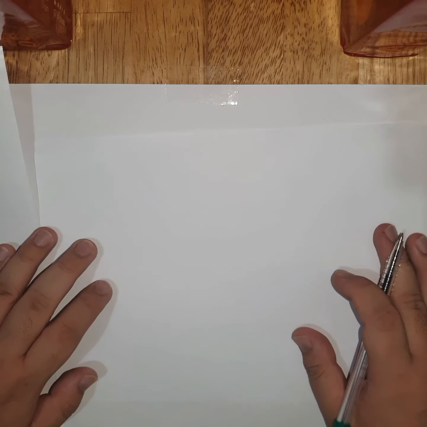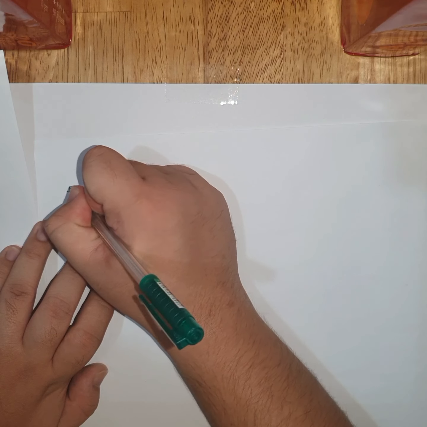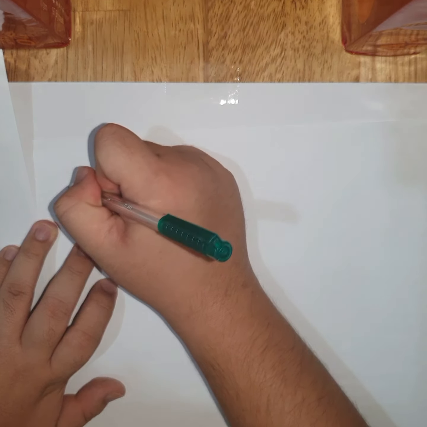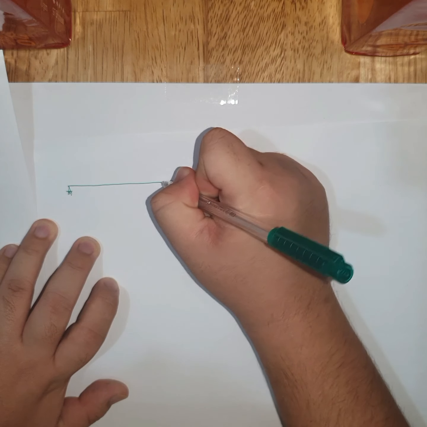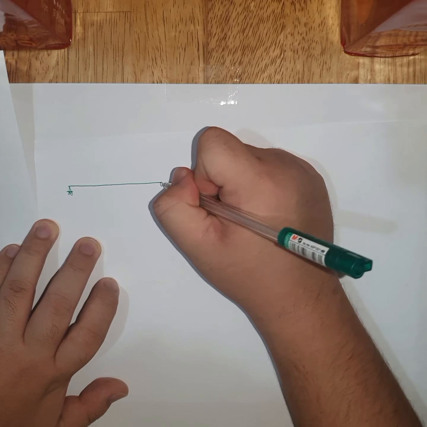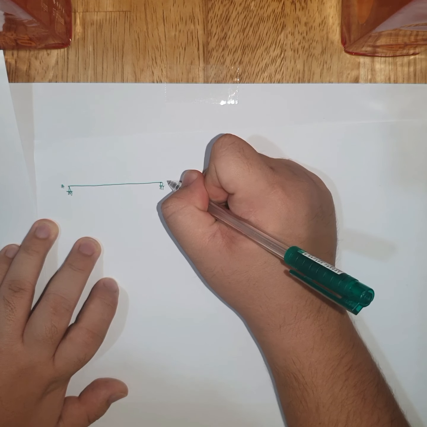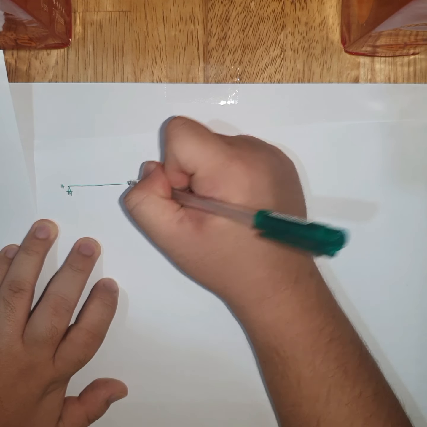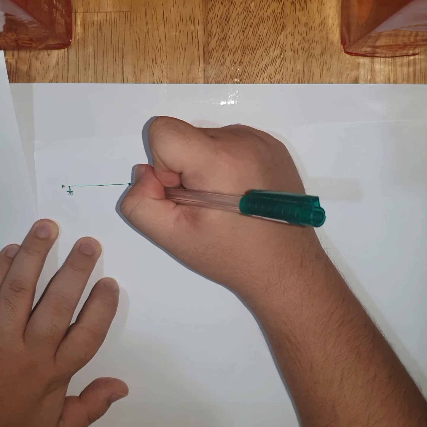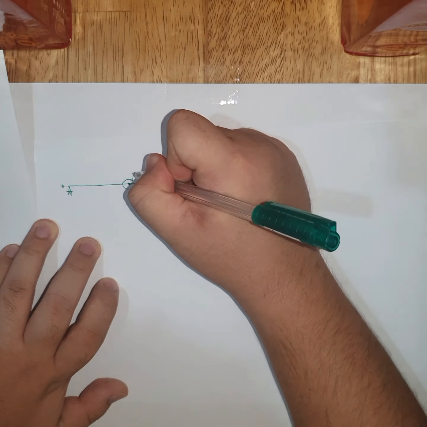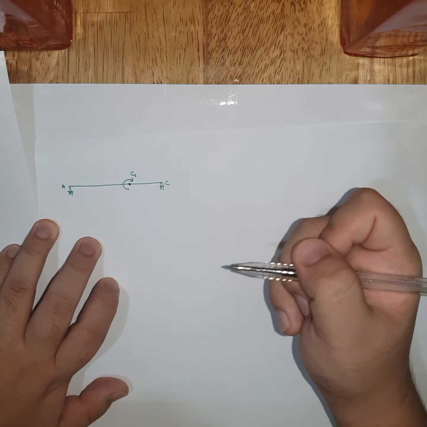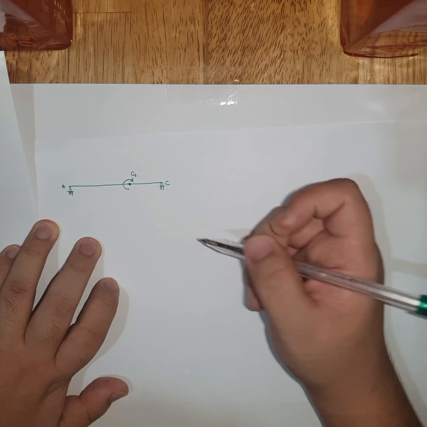Okay. So we have a hinge sa left side, then roller sa isang end. Okay, we have A, C, then si B may naka-act sa kanya na moment couple na C sub O. Okay.